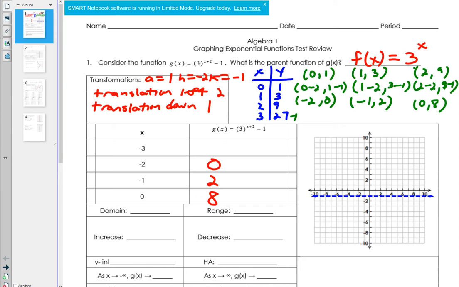I prefer 4 points, but 3 points would be fine. -2, 0. Remember, this is just a sketch anyways. It's never going to be perfect. -1, 2. And then 0, 8. Connect the dots and make it look exponential. Right?